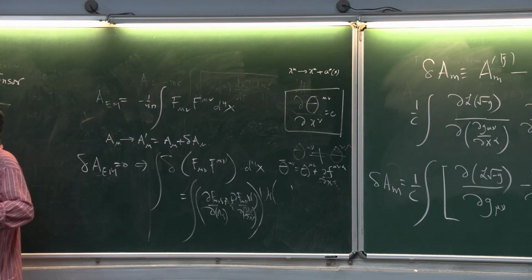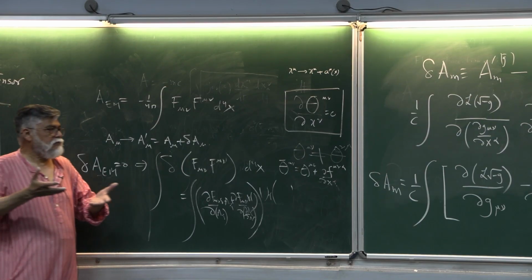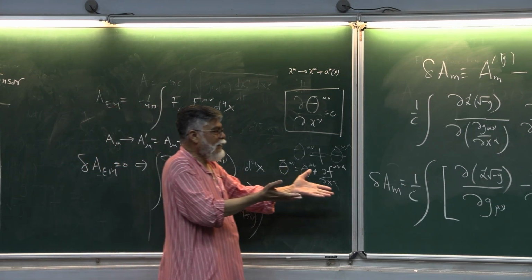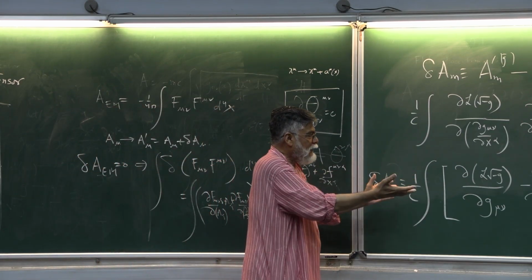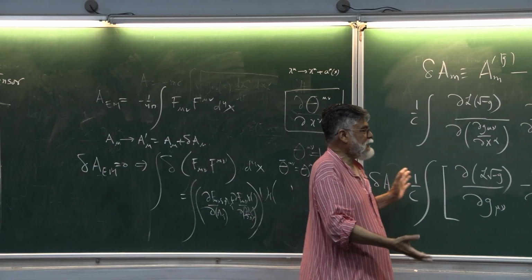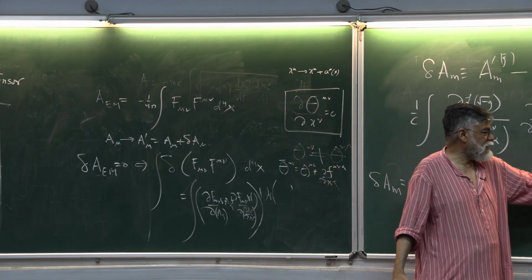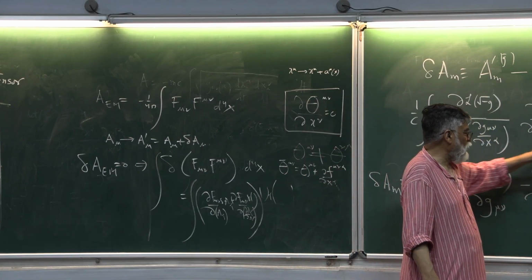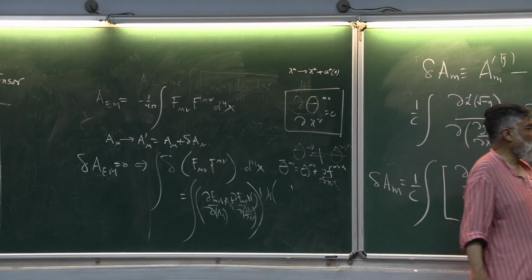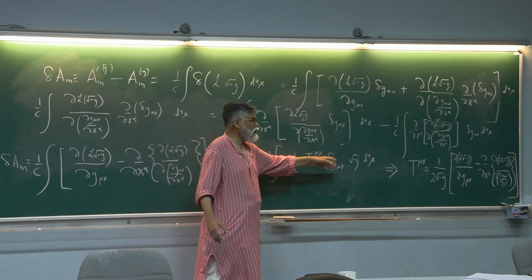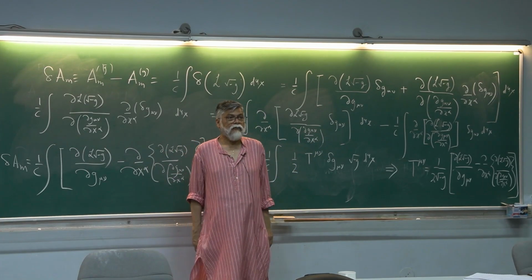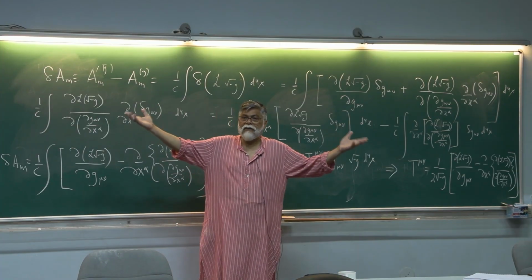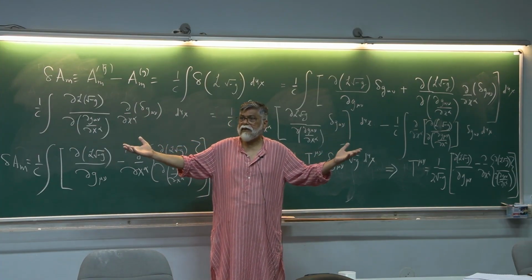But I am just curious, what if I had chosen a slightly different metric? What would have happened? And then you go along doing that and finally it turns out that the change in the action due to that variation is this, and I will call whatever is there in the box half T mu nu root minus g.